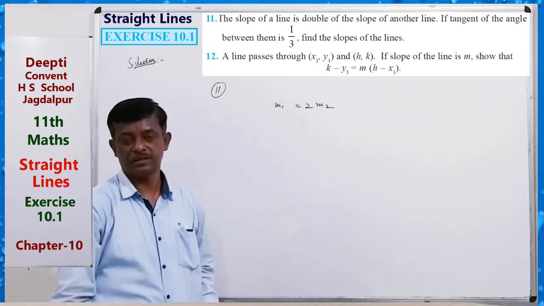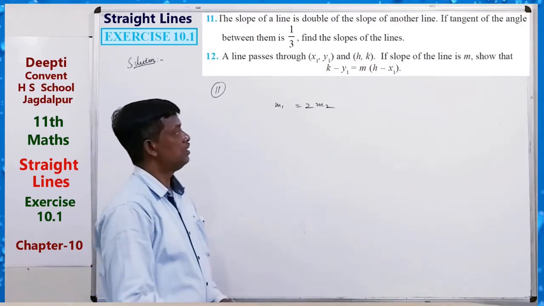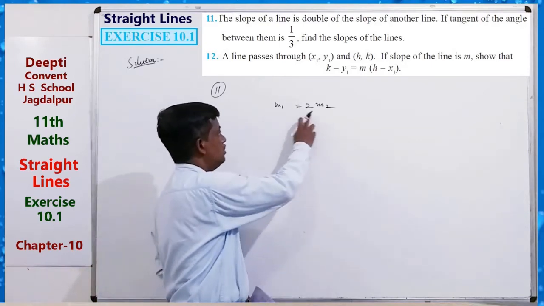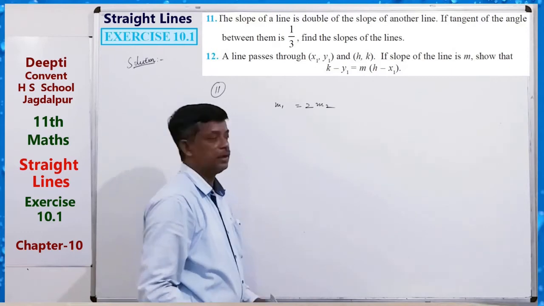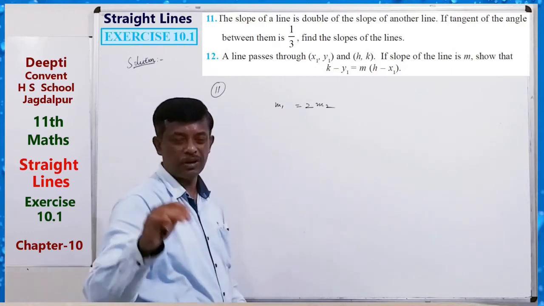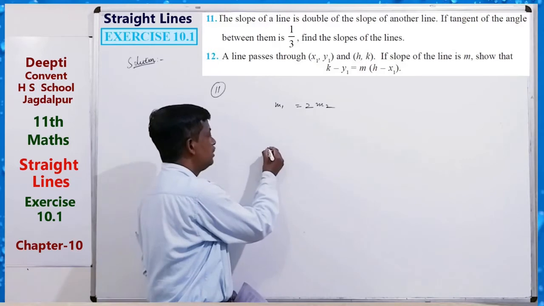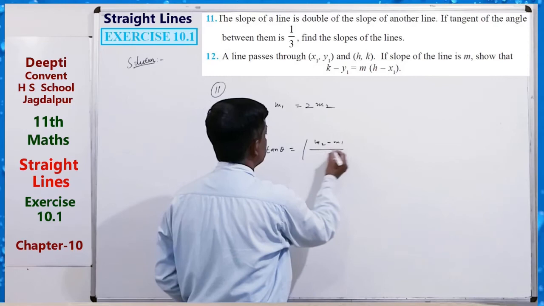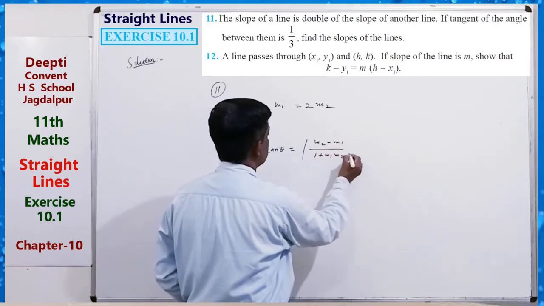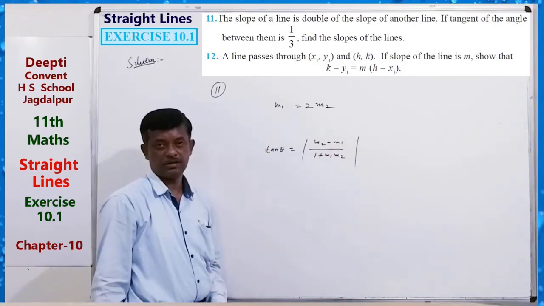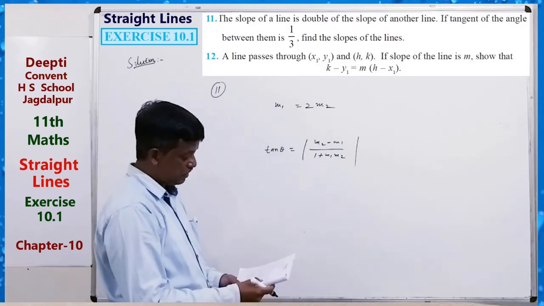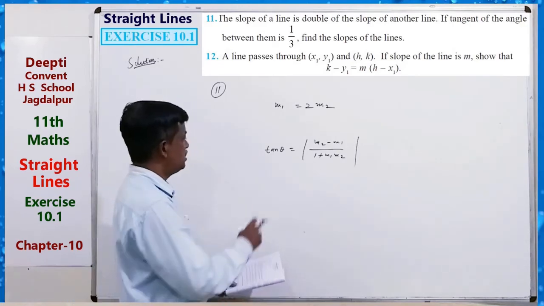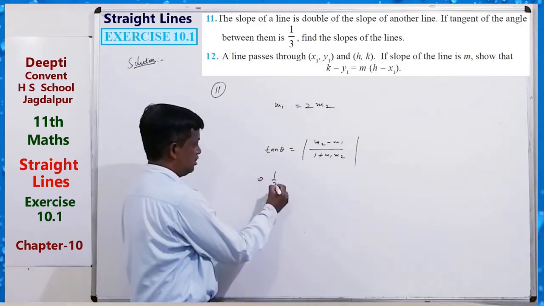So m1 is double m2, and the angle between the two lines is theta. Then tan theta equals what? M2 minus m1 upon 1 plus m1 m2. This is for the acute angle. And it is also given that the tangent of the angle between them, tan theta, equals 1 by 3.